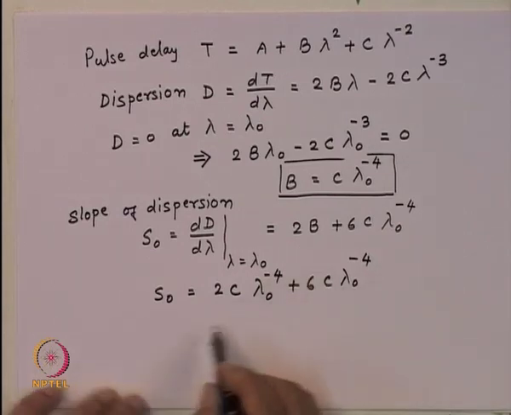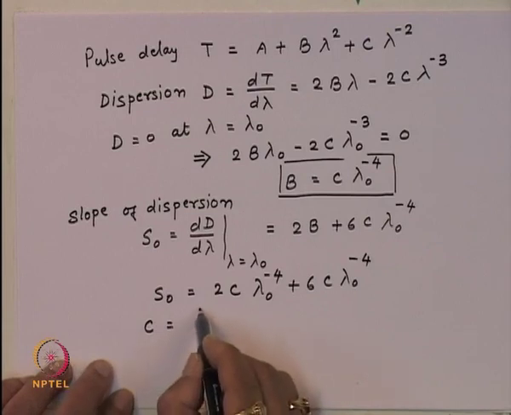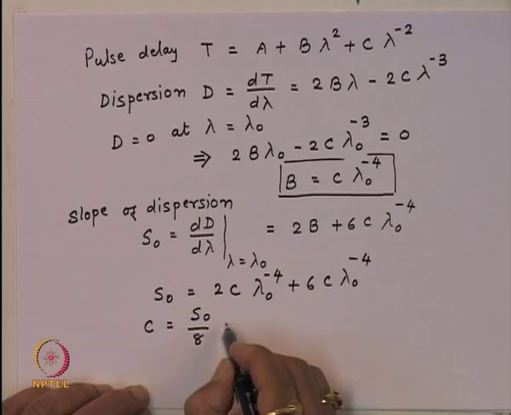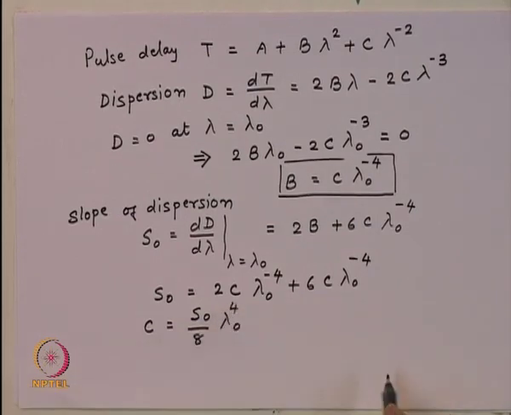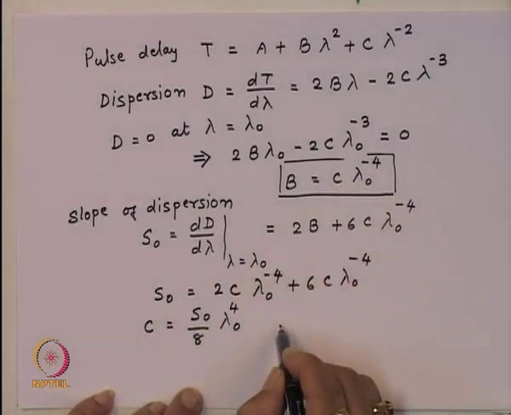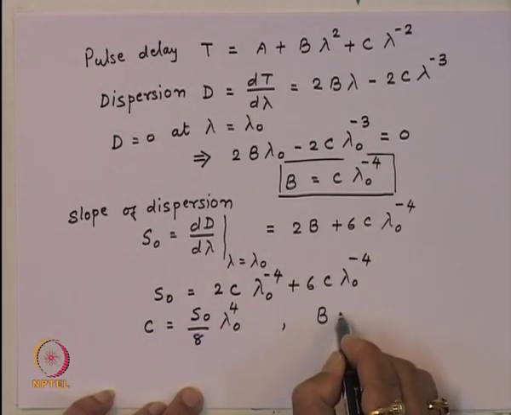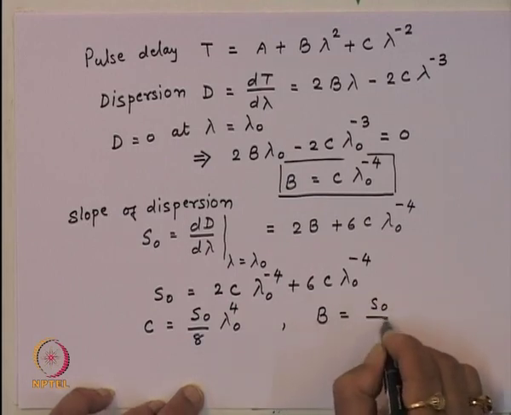So, from here I can find out what is the value of c. So, c is equal to S naught by 8 lambda 0 to the power 4. And if I take this value of c and substitute into this, it will give me the value of b, which is S 0 upon 8.